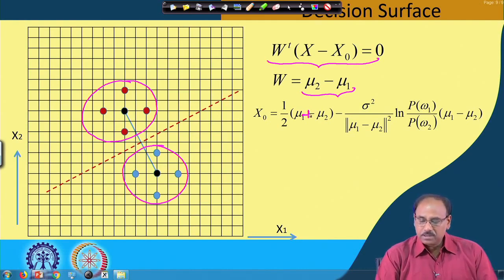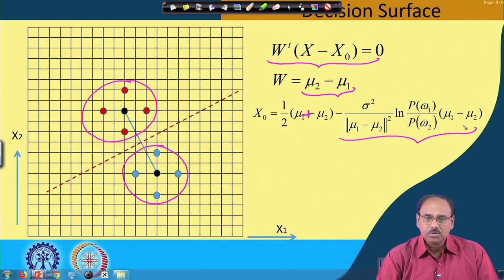If I consider the a priori probabilities P(omega 1) and P(omega 2) to be equal, then this term will be equal to 0, and x naught will be half of (mu 1 plus mu 2), which is nothing but the midpoint of the line joining mu 1 and mu 2.